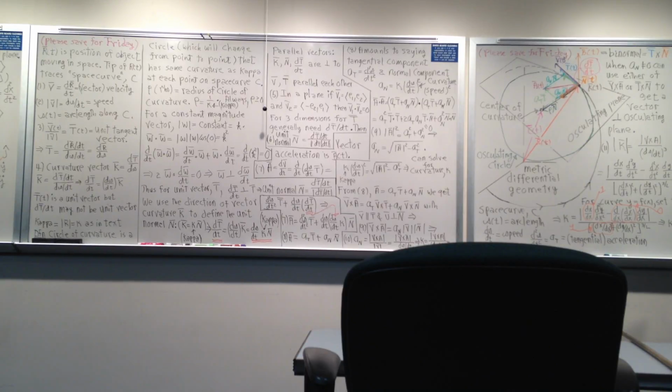And Maple has the command TNB frame, if you've entered the formula for your R of T that's tracing the curve, and then you can say output equal T or B or N, and it'll produce each of these unit vectors for you.